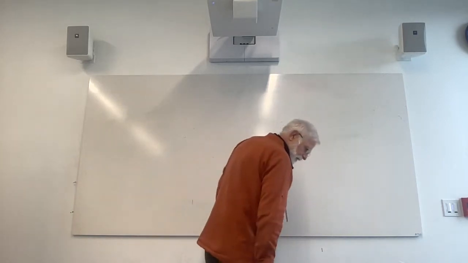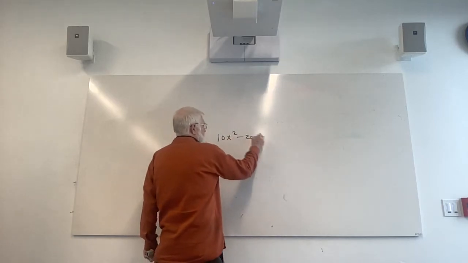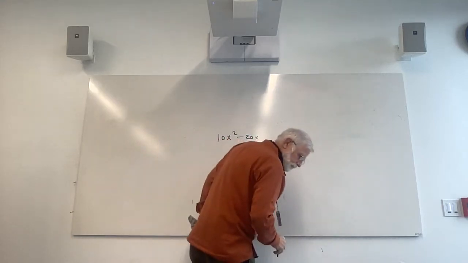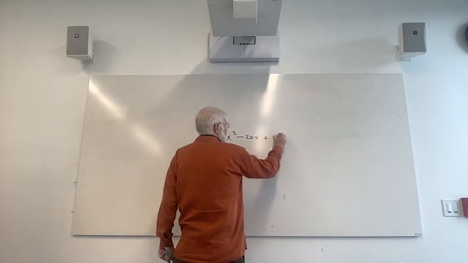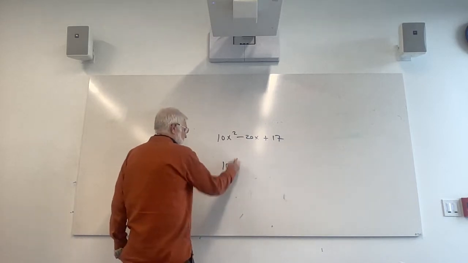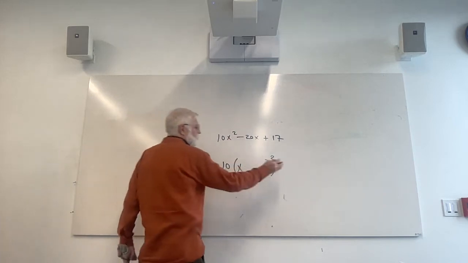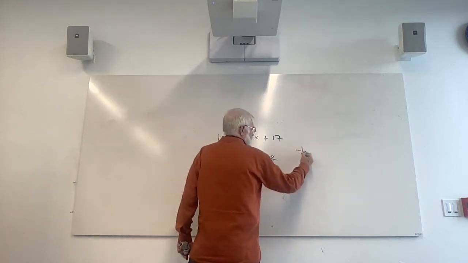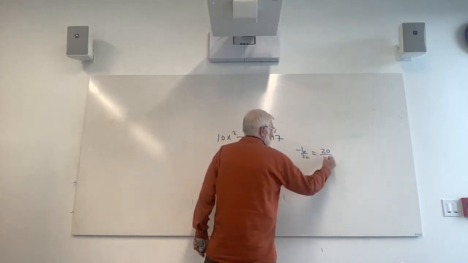Next, 10x squared minus 20x plus 17. I'll do this 2 ways. The way that most people connect with it is to get the first term, okay, minus b over 2a is equal to positive 20 over 2 times 10.